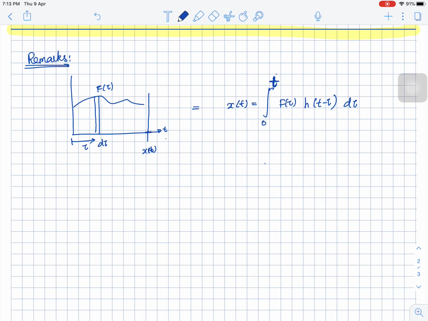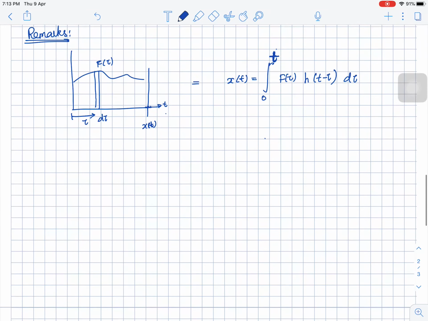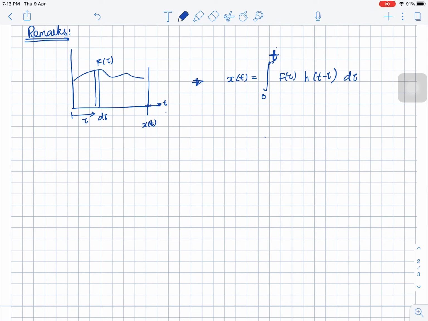Now to get the full response, we need to integrate throughout the f of t. So the full response will be 0 to infinity f of tau h of t minus tau into d tau. So you will get the complete response.